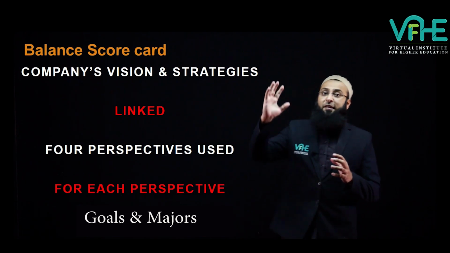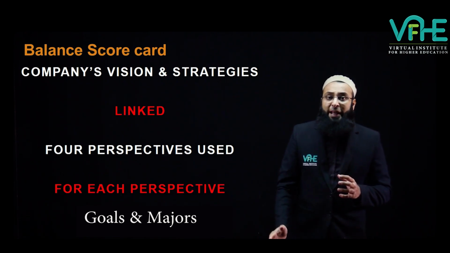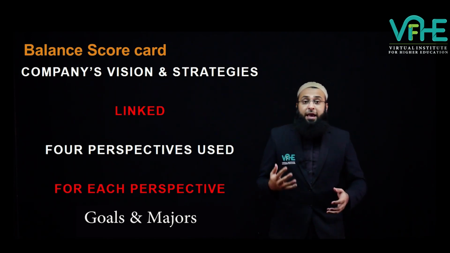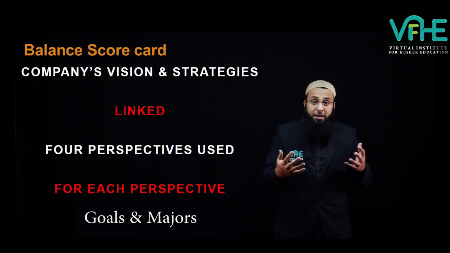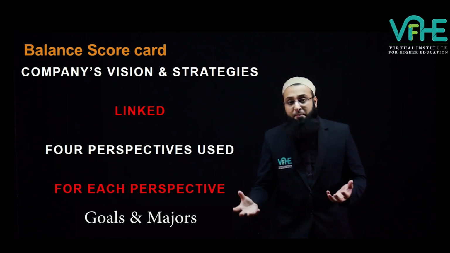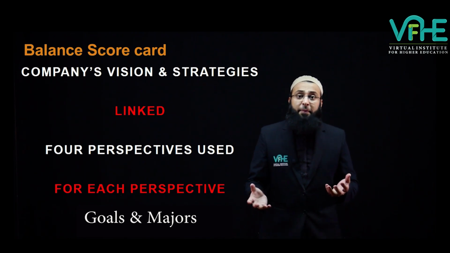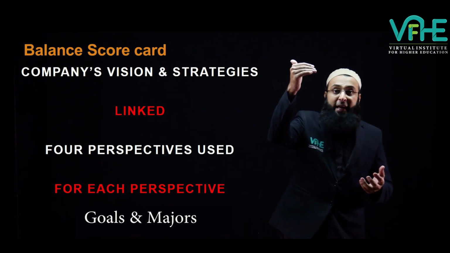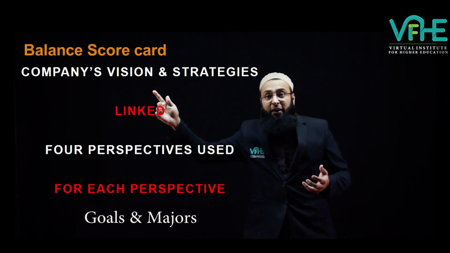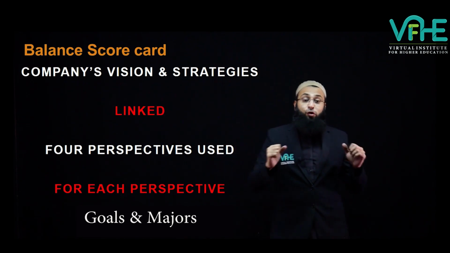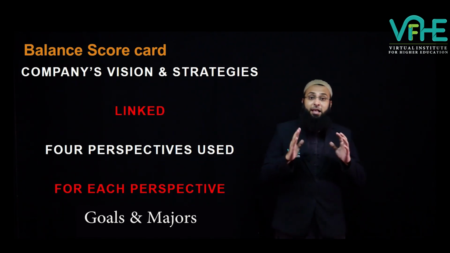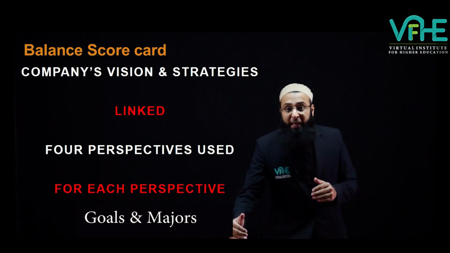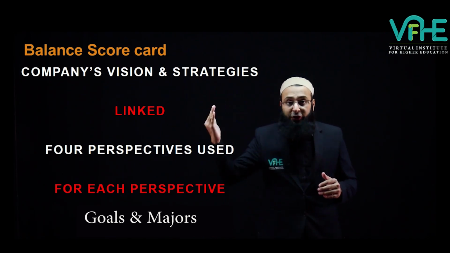So you can see a very simple link between different things in a balanced scorecard. If we achieve the measures and the goals mentioned in each perspective, this means we'll achieve our strategies, and yes, then we'll achieve our vision. So this is a link in balanced scorecard between the measures and the vision.